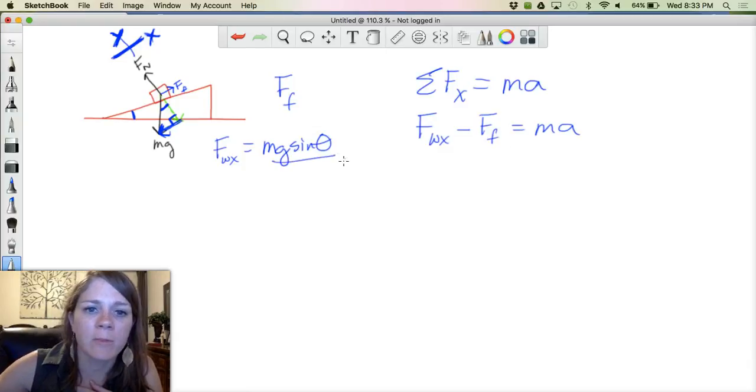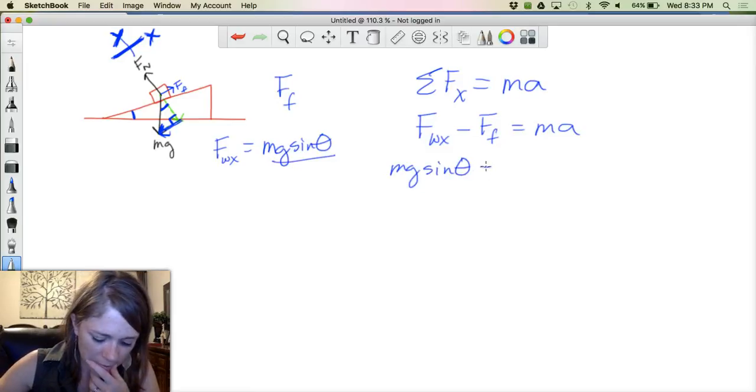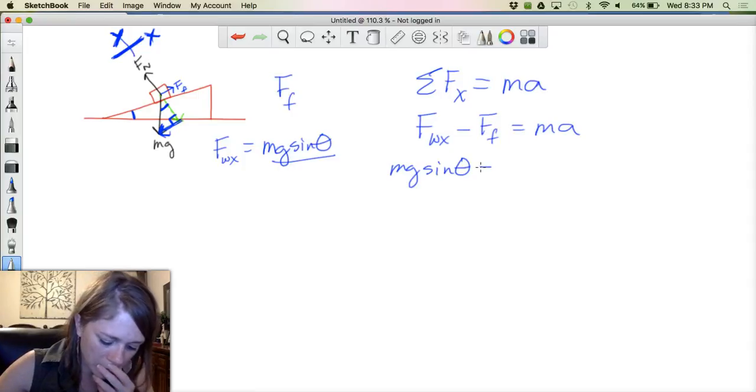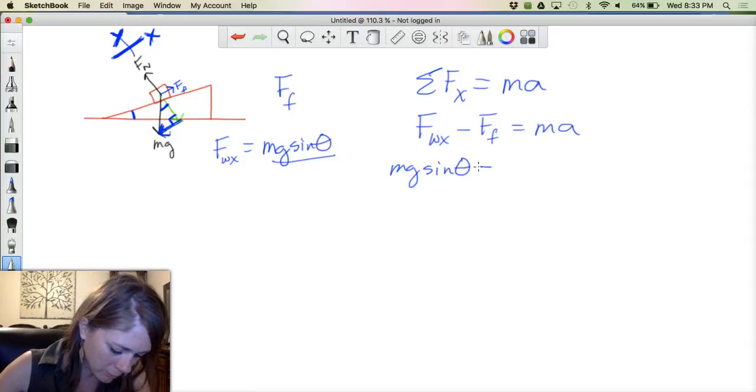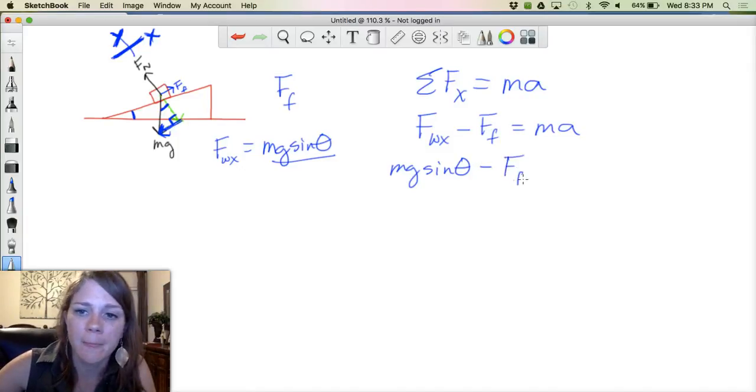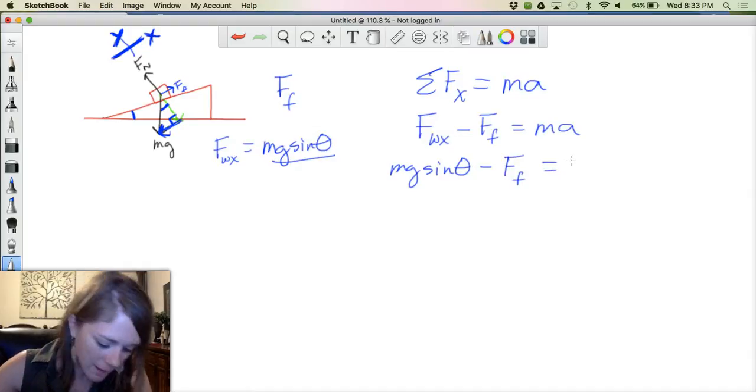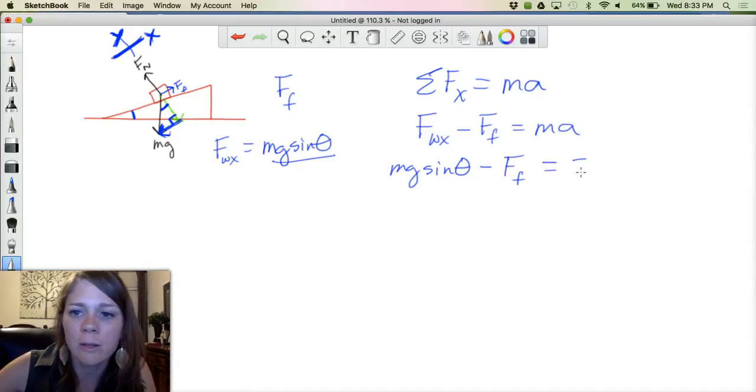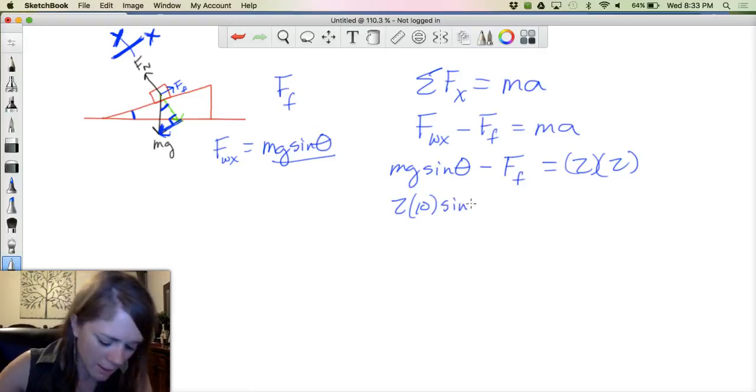The weight force we've already figured out is mg sine theta, and the frictional force is, oh, that's what they want us to find. So we're eventually going to have to find that. I know the mass is 2 kilograms, and I know the acceleration is 2. Let's go ahead and plug this in. Mass is 2, g is 10, sine of 30 degrees.